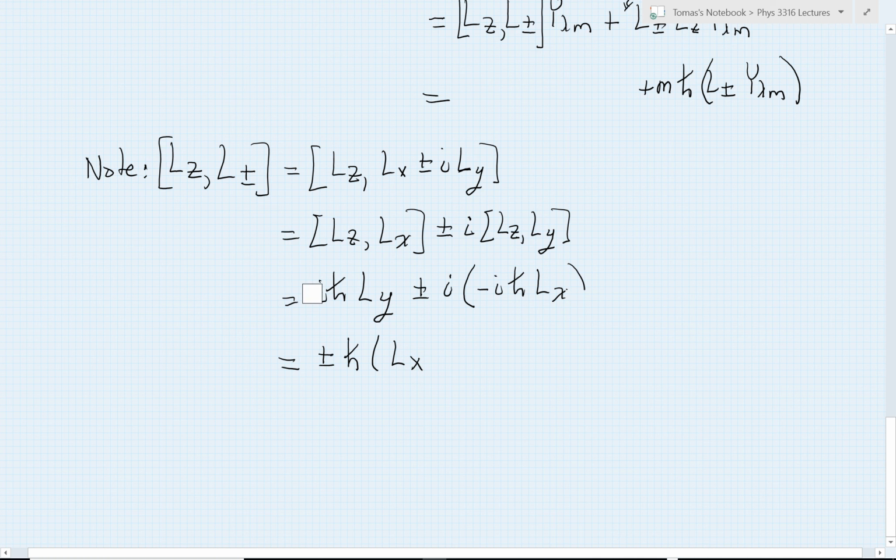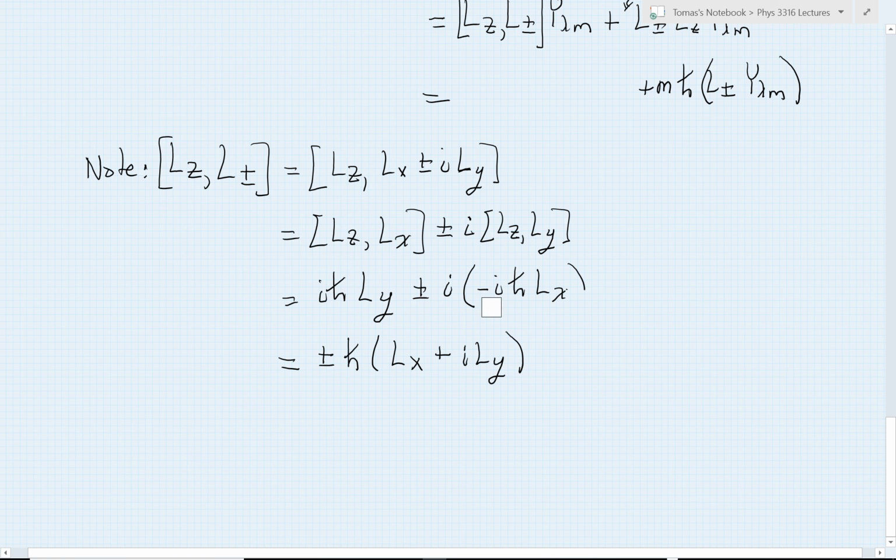This term I want to reproduce. I've already factored out the ħ. I need to put in an Ly and an i. And now I just have to be very careful with my signs. In the upper choice of sign, it was a plus term here and a plus term here. So with the upper choice of sign, a plus term here would require a plus term there.